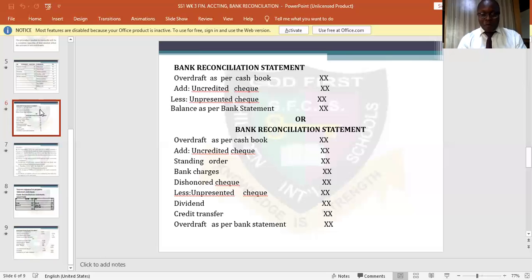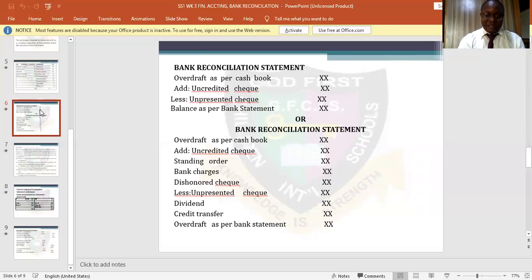Then at the end of the day, we get balance as per bank statement. So we also have the combination of this account. If the examiner asks you not to prepare the adjusted cash book, but you are asked to prepare only the bank reconciliation statement, you are going to combine the account into just a single account.